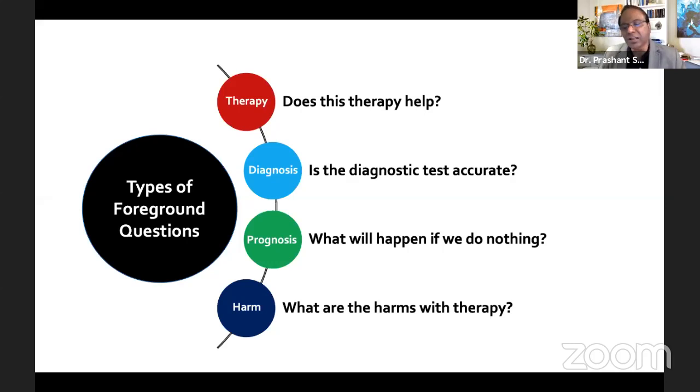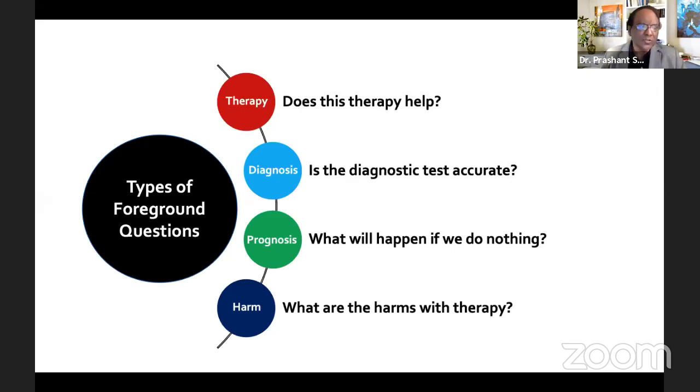So again, there are 4 types of foreground questions. The therapy question normally looks at the effect of treatments on patients, or finding out the difference in treatment effects or prevention of adverse events associated with those treatments.